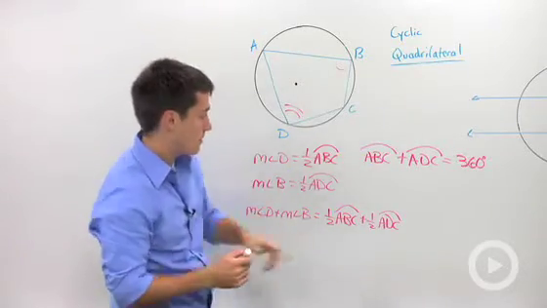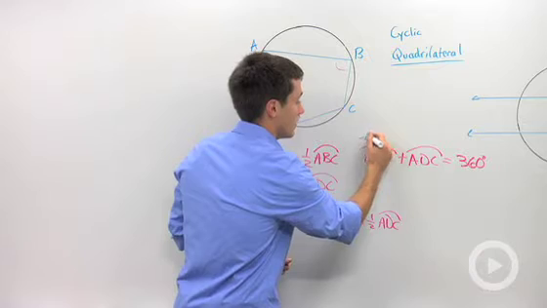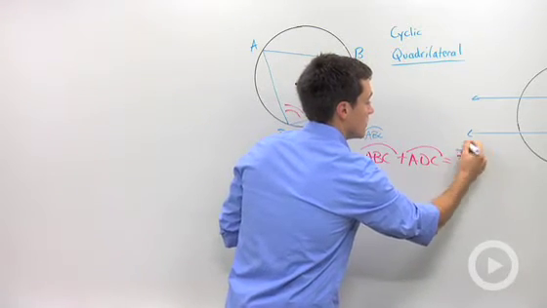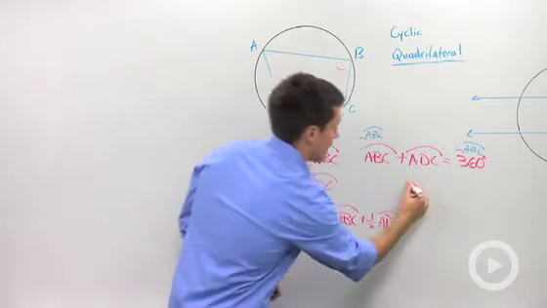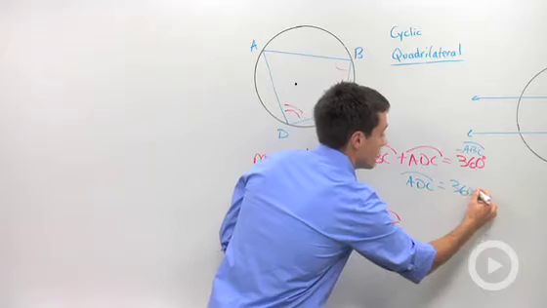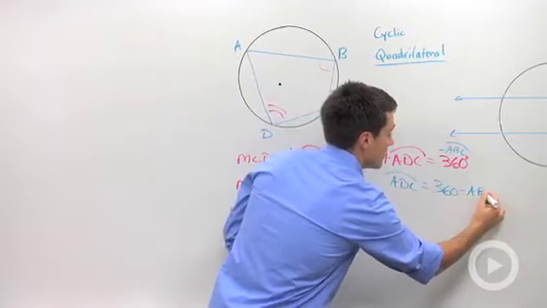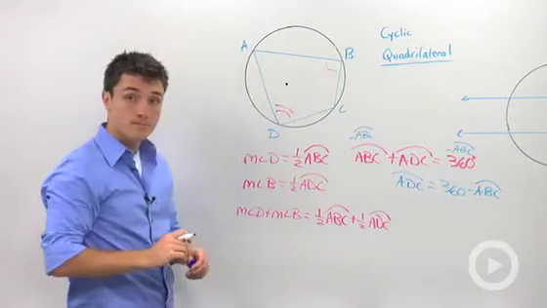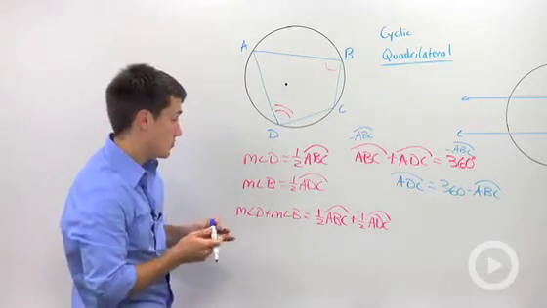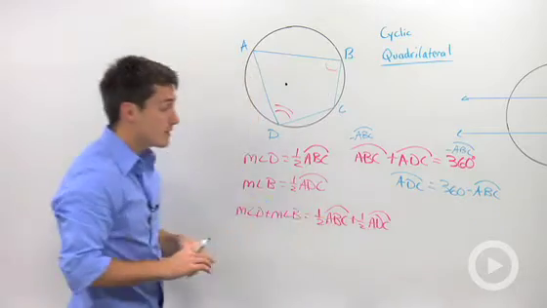So using a different color, I'm going to subtract arc ABC from both sides. So now I've solved for arc ADC, and it's 360 minus arc ABC.